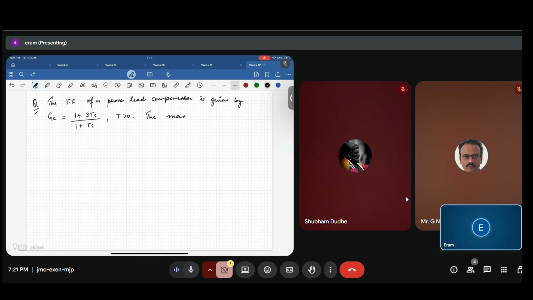The maximum phase shift provided by such a compensator is: pi by 2, pi by 3, pi by 4, or pi by 6.